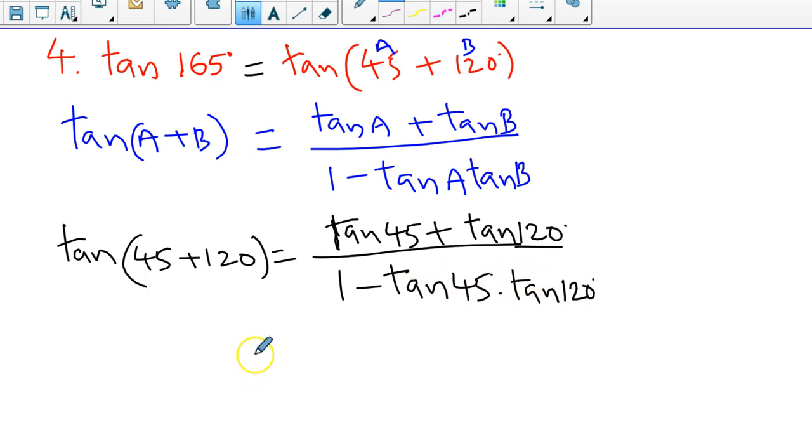Alright. Now let us look for the values of tangent 45 and tangent 120.